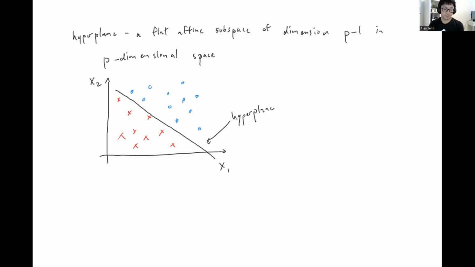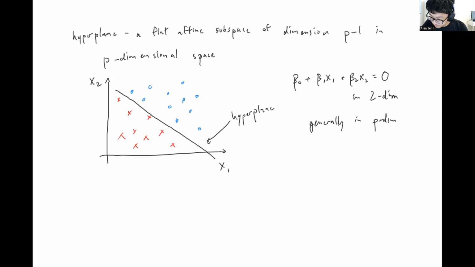The equation looks something like this: beta 0 plus beta 1 x1 plus beta 2 x2 is 0 in two dimensions, and generally in p dimensions it looks something like this.